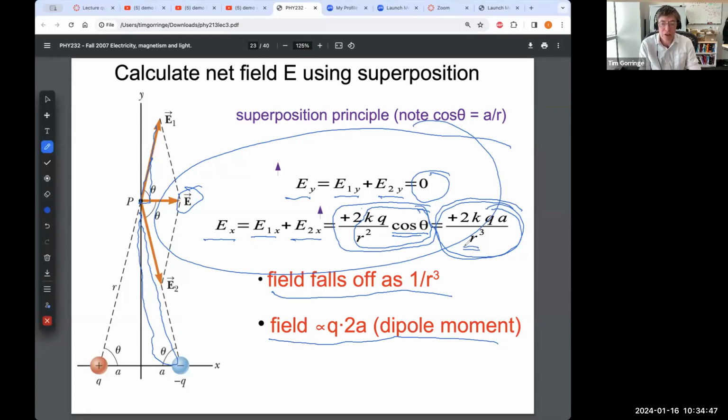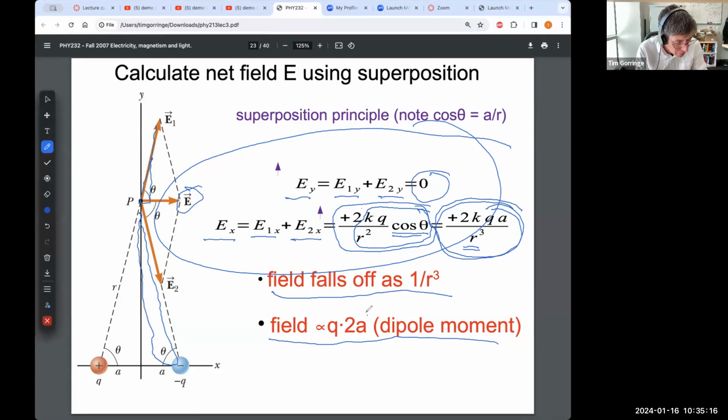It falls off as the cube of the distance that you are from the dipole. So as we increase r and get further and further away from the dipole, the field falls off as the cube of the distance. That's because we're superimposing these positive and negative charges, and what's left over falls off as the cube of the distance, not the square.